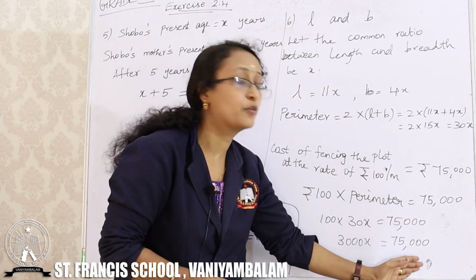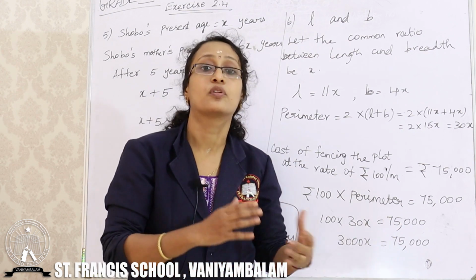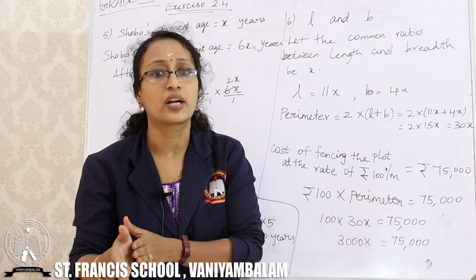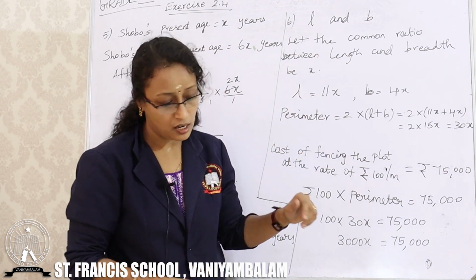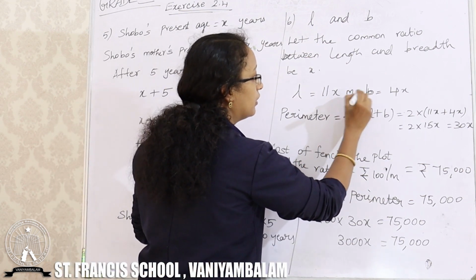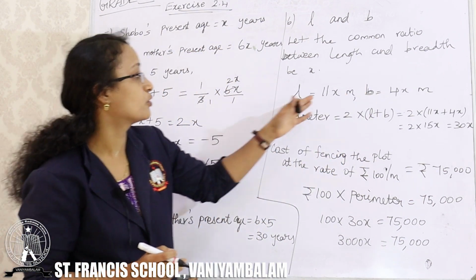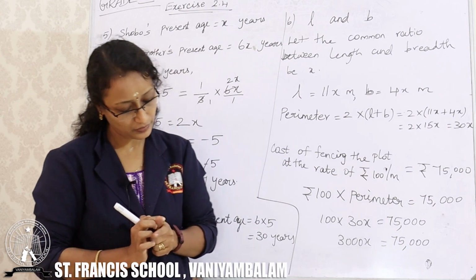If it is a problem to find the dimensions in centimeters, at last you have to write the length is this value, and write the unit centimeter. Here it is meters, right? So you have to write 11x meters, leave some space, and 4x meters. Substitute the value of x, find the length and breadth.